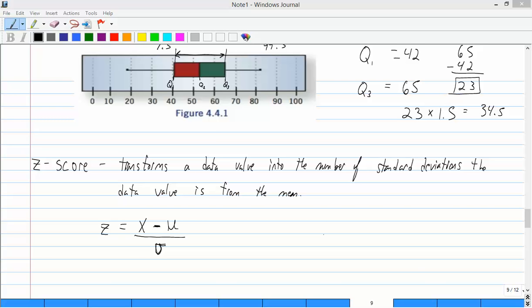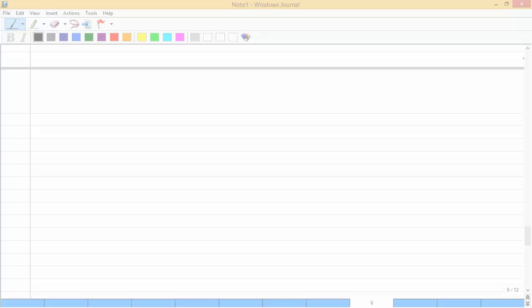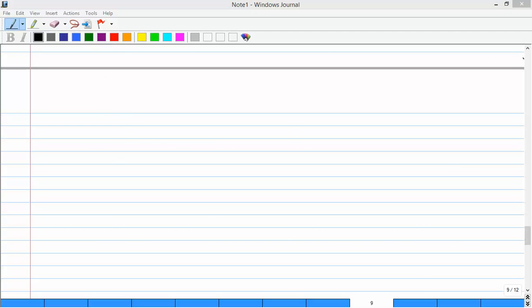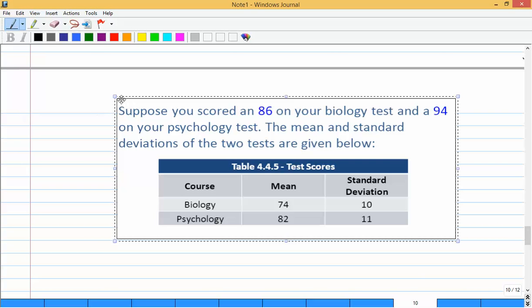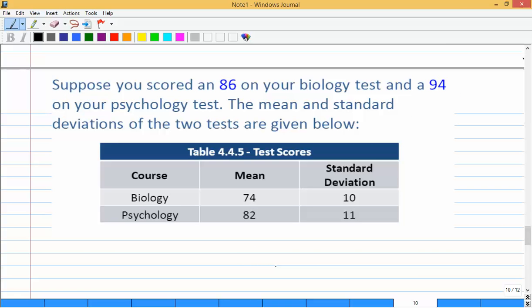Alright, let's look at this example real quick. This comes straight out of the book as well. Alright, so suppose that you scored an 86 on your biology test and a 94 on your psychology test. The mean and standard deviations of the 2 tests are given below.